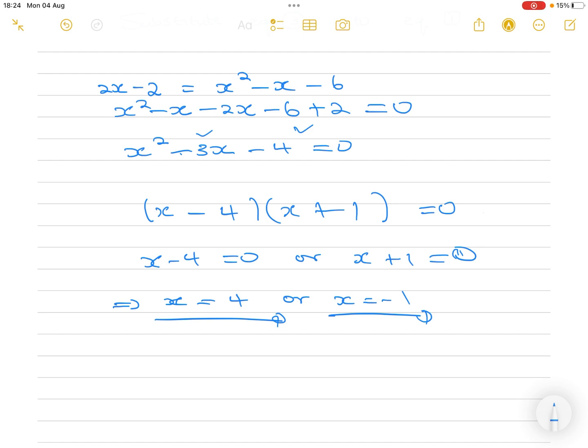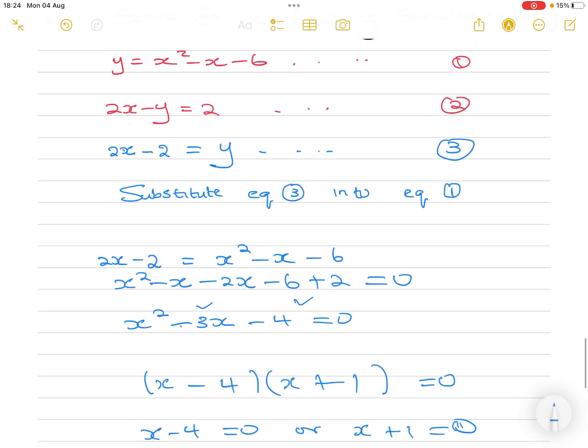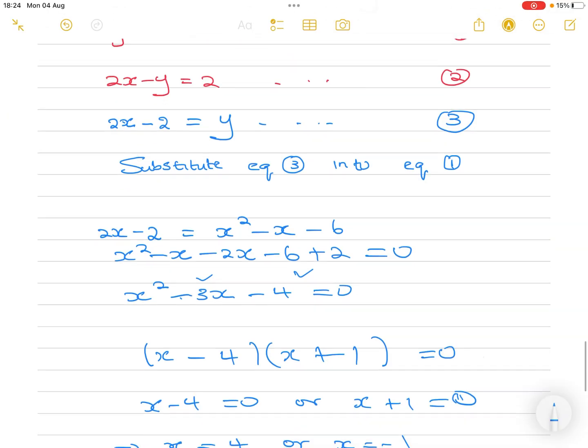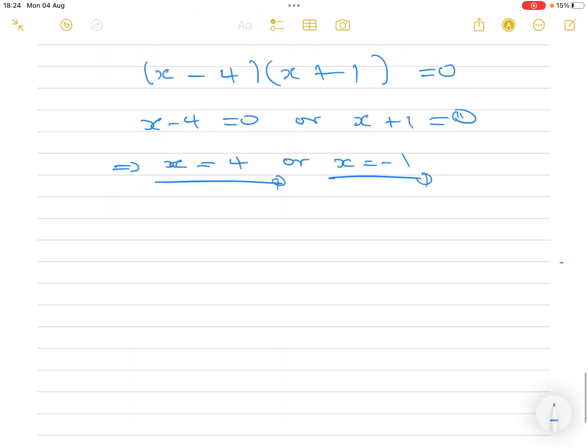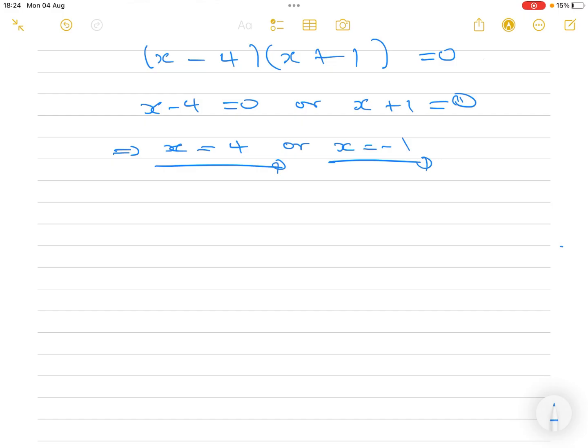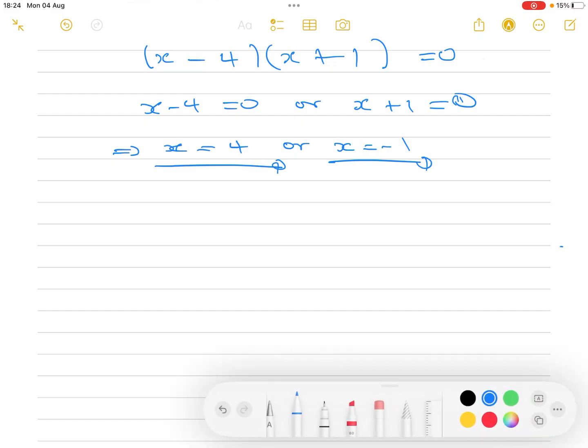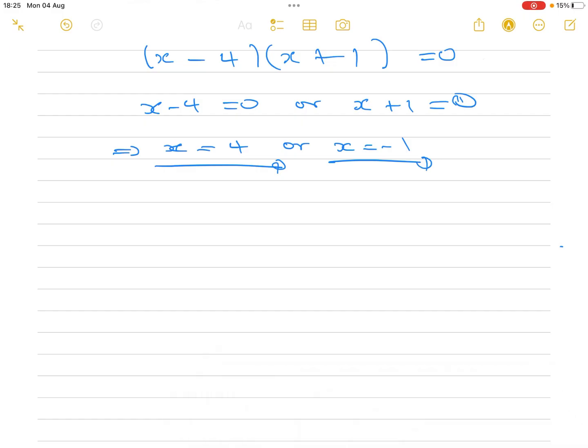Now, how am I going to get the values of y using these values? Go back. You know from equation 3 that 2x minus 2 is equal to y, meaning you can replace x by 4 and replace x by what? By minus 1. So you have y is equal to 2x minus 2.